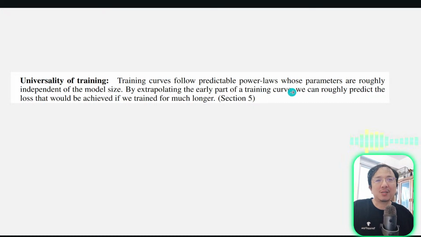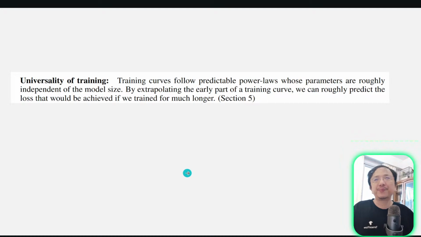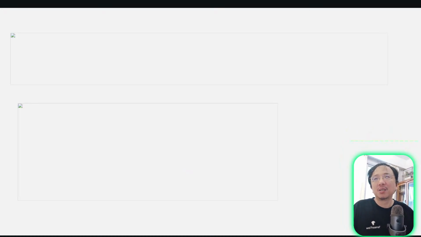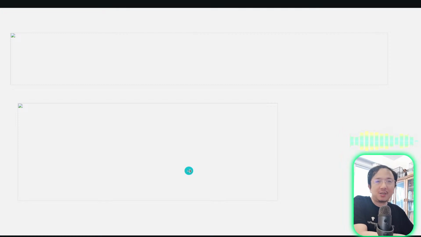The parameter means the constant scale of the power law. So you can actually predict what you can achieve if you train the models longer, because it generally follows the rules above. So that's the universality of training.